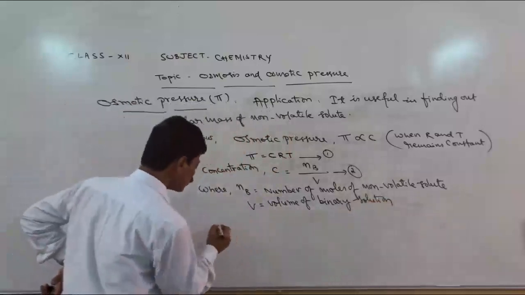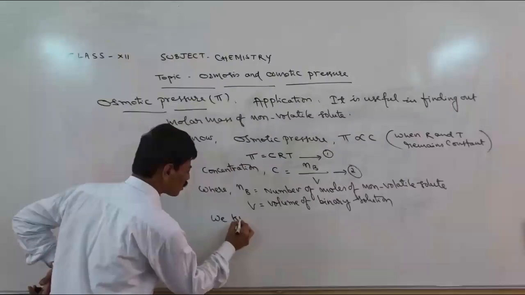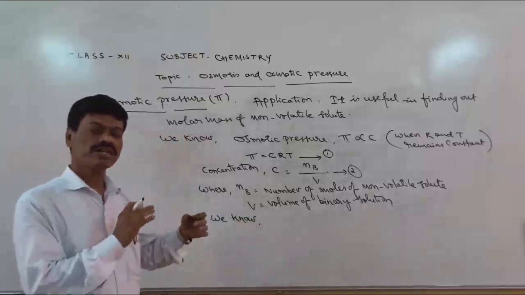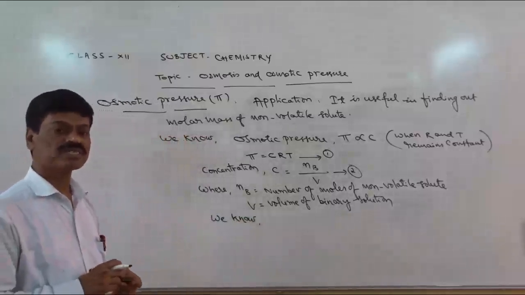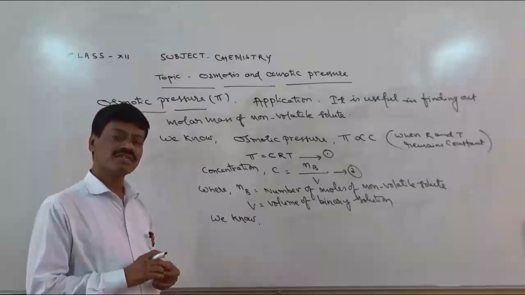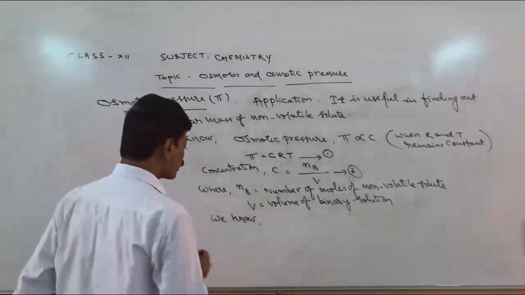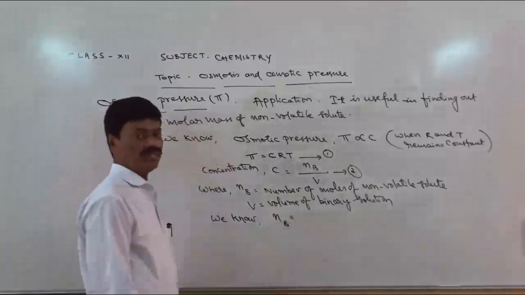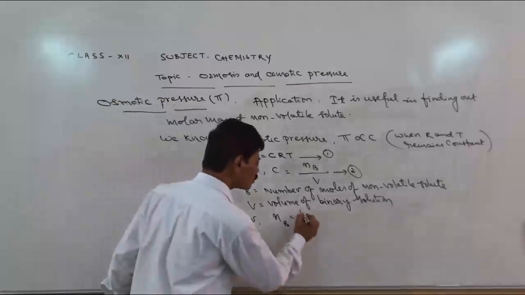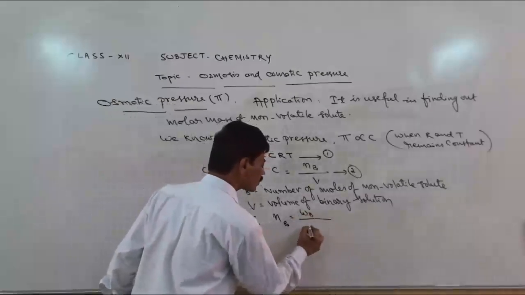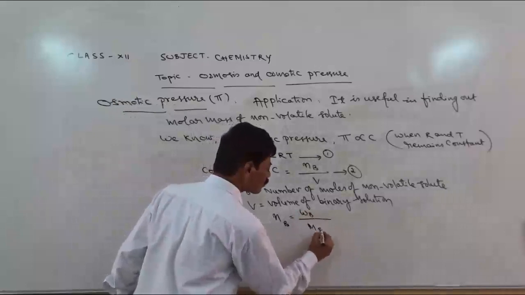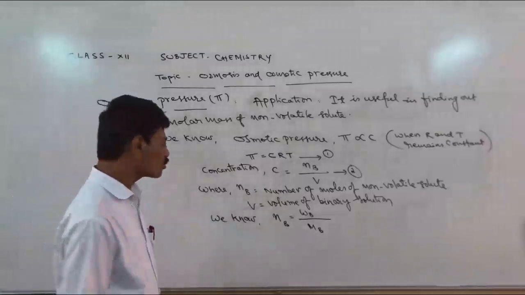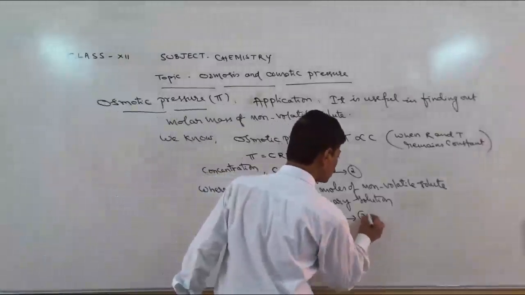Next, we know NB. This has come in all the colligative properties, that is relative lowering in vapor pressure, elevation in boiling point and depression in freezing point. There NB, that is number of moles of non-volatile solute, is equal to weight of the solute divided by molecular mass of the solute in grams, gram molecular mass or molar mass of the solute. Let this be equation number 3.